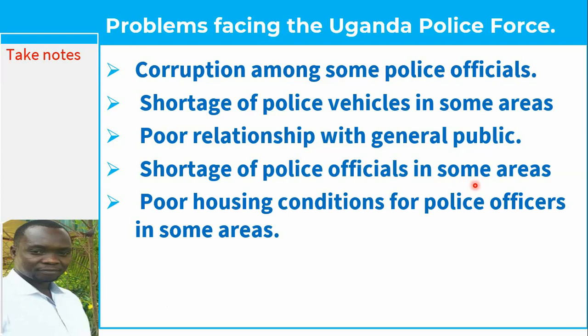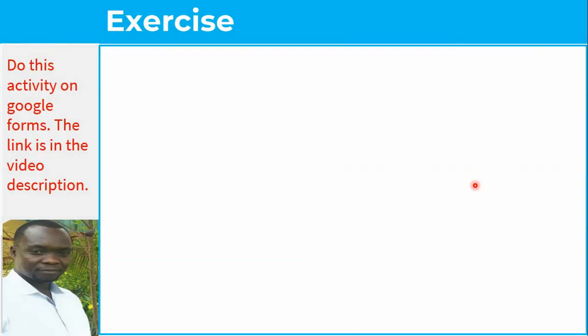We have some police officers who are housed in very beautiful houses in our country, Uganda, but in some areas we have got poor housing conditions for police officers, and that is a problem affecting the police force.